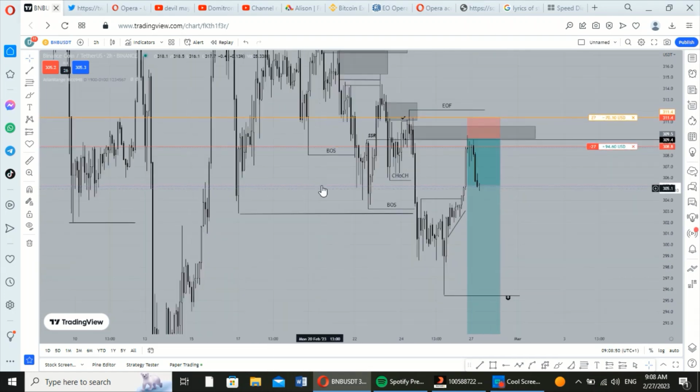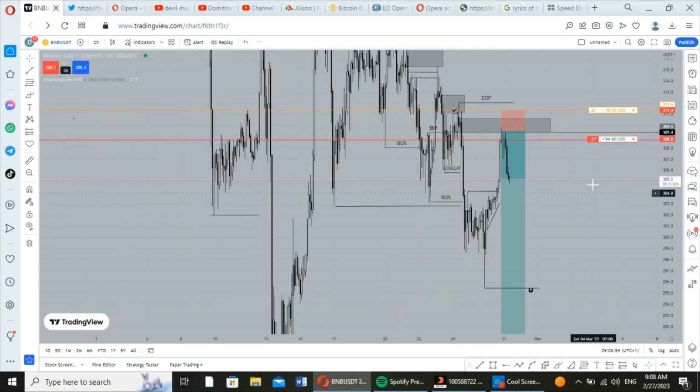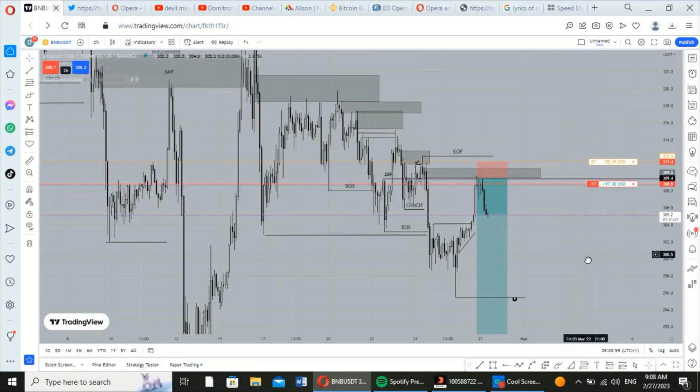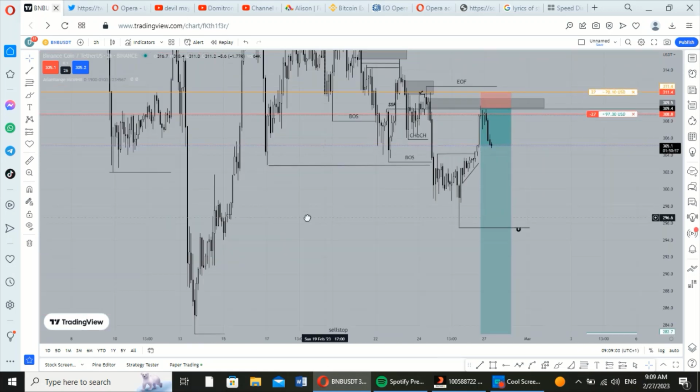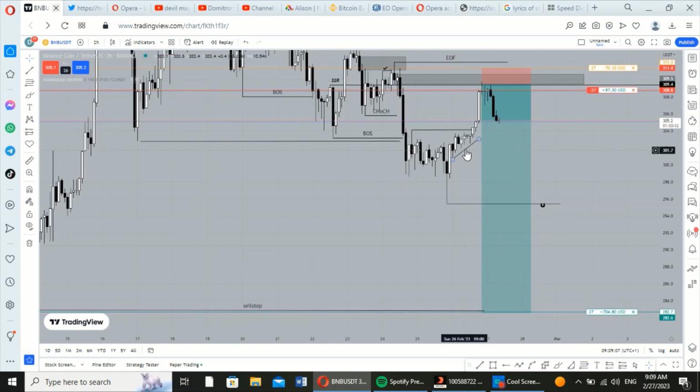Okay guys, so this is the progress so far, and good morning. So this is BNBUSDT I talked about right before, and you can see the progress right here, and it is very clean, and we'll see how it's going to approach the withdrawal of this liquidity, and then the sell stops right here.